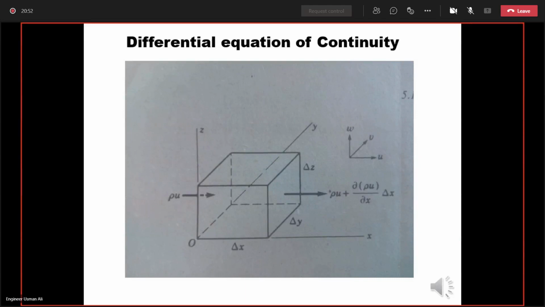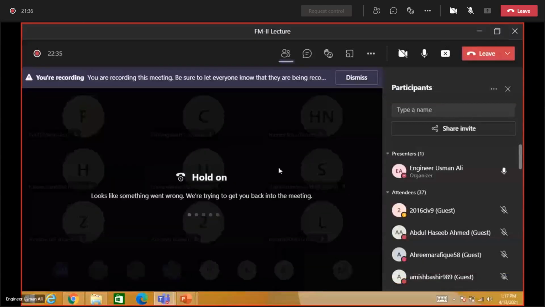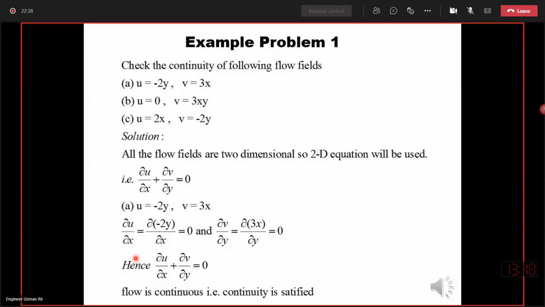We also consider the mass flow rate entering along a certain axis and then leaving along the axis, and the net mass flow.